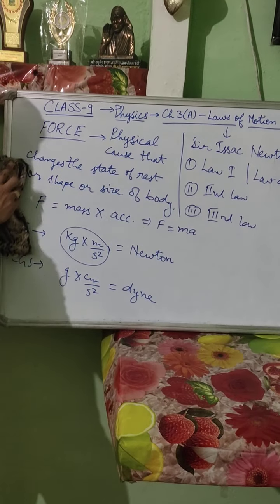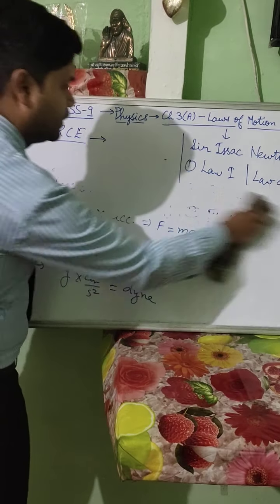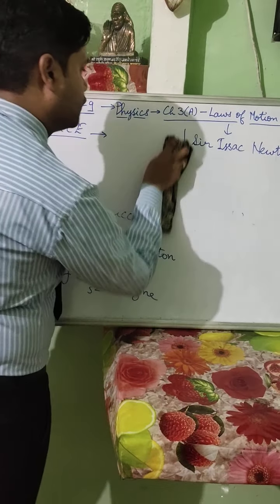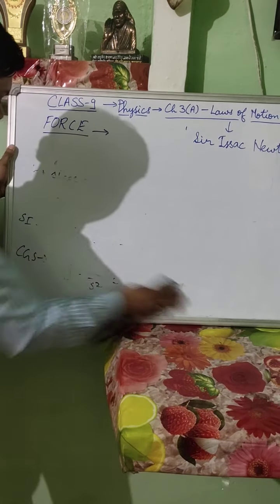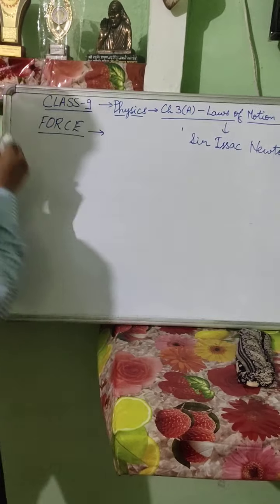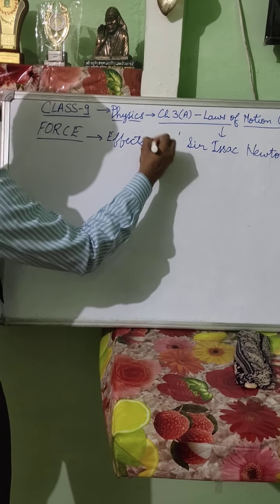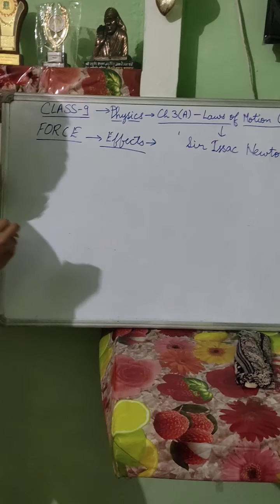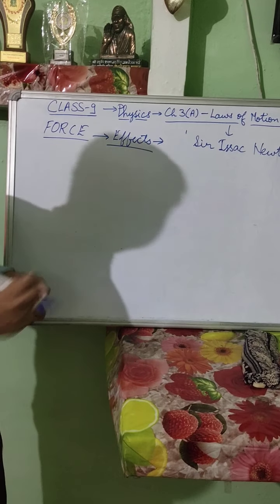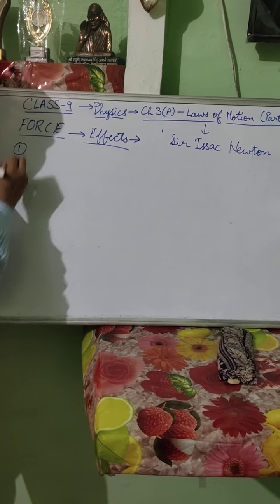Now in the next topic we are going to discuss the effects of force. Whenever force is applied on an object, it produces mainly 2 effects. What are the 2 effects?